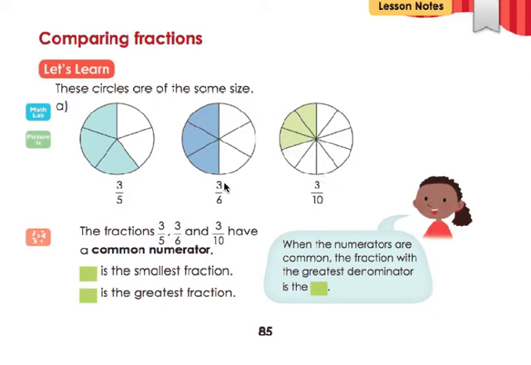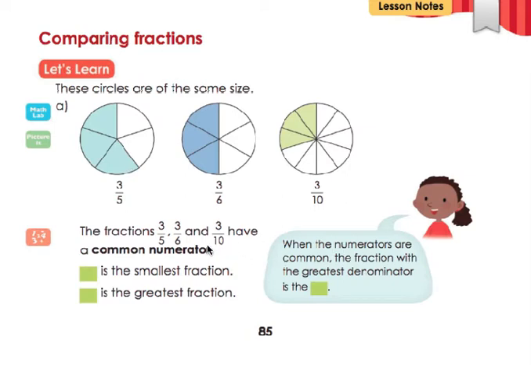That's why when we color 3 in here, 3 in here, and 3 in here, actually the biggest number, because it's the denominator, ends up being the smallest fraction. Look at all these 3 parts and look at these 3 parts. So this 3/10 is smaller than this and than this.